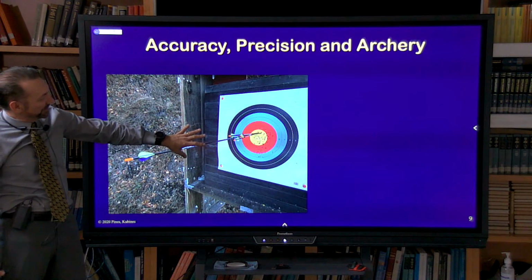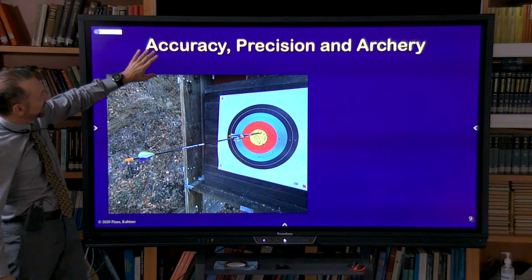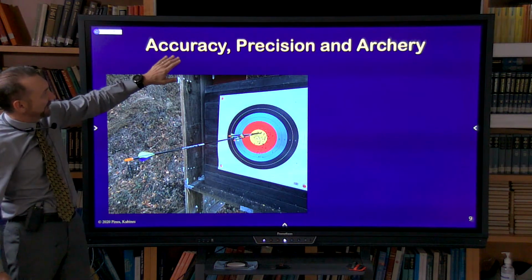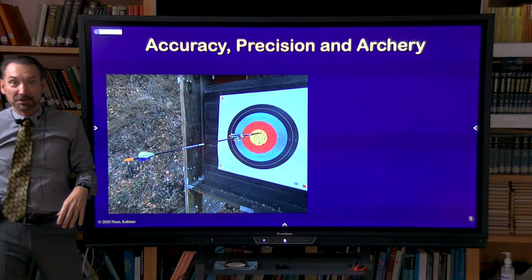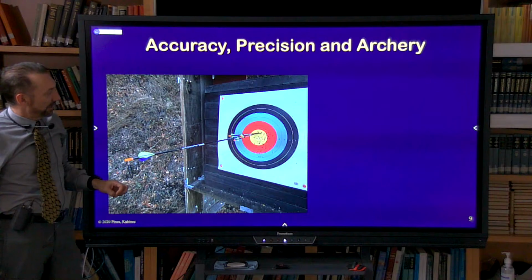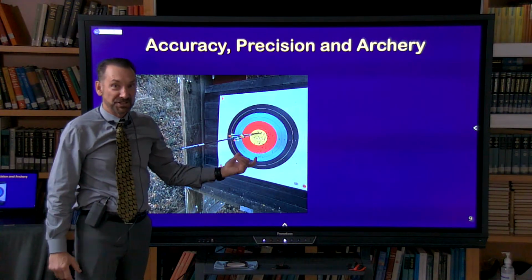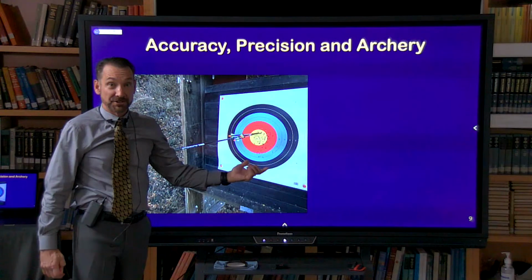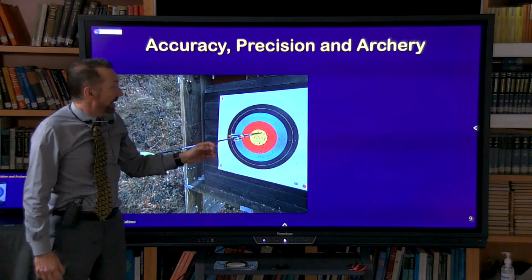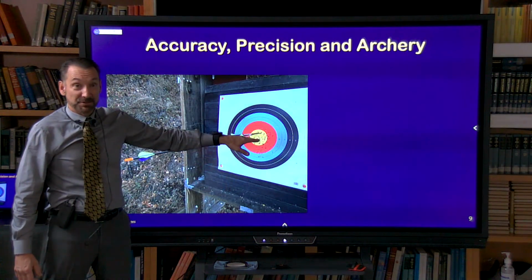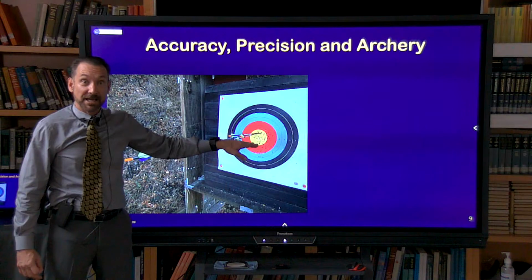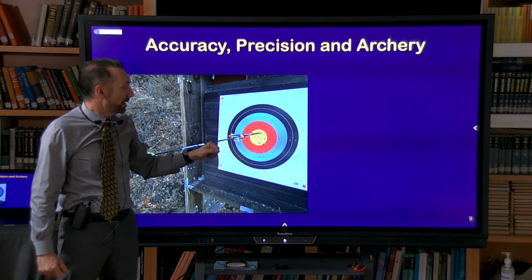And I bring this up because it emphasizes accuracy and precision, which is something you should understand as a scientist. There's a difference between accuracy and precision, and we make that distinction in science. In archery, it is a very famous example where accuracy and precision come hand in hand.